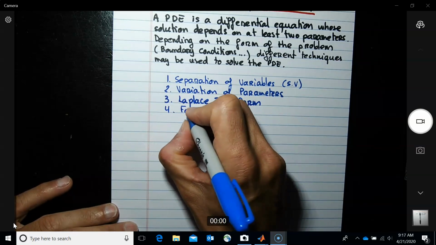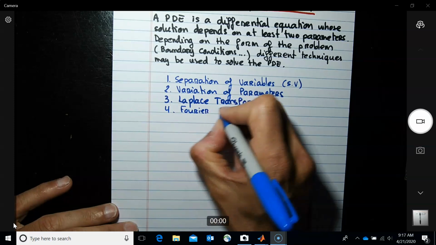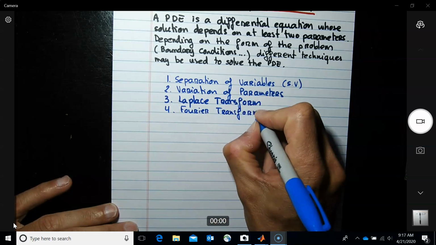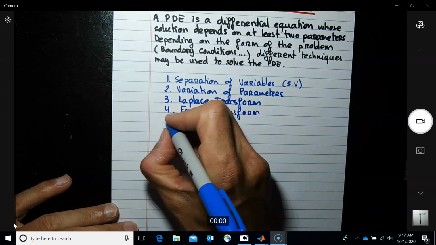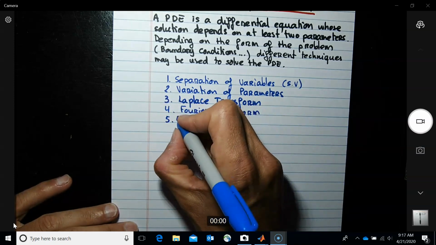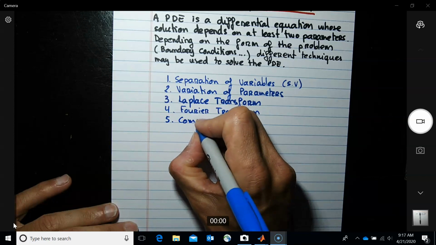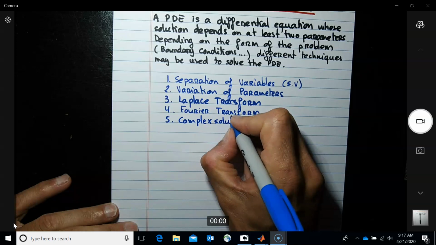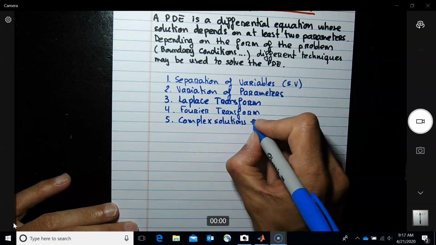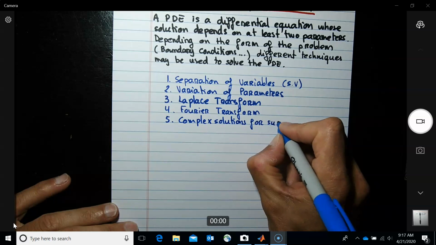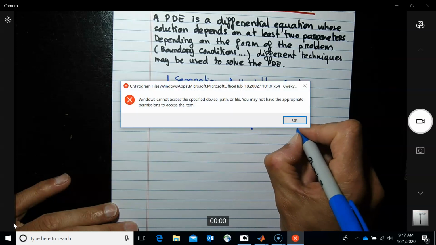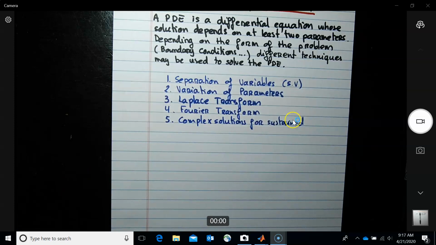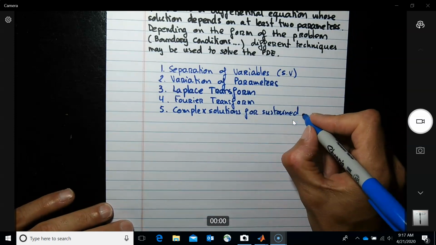Four is the Fourier transform, for periodic problems.